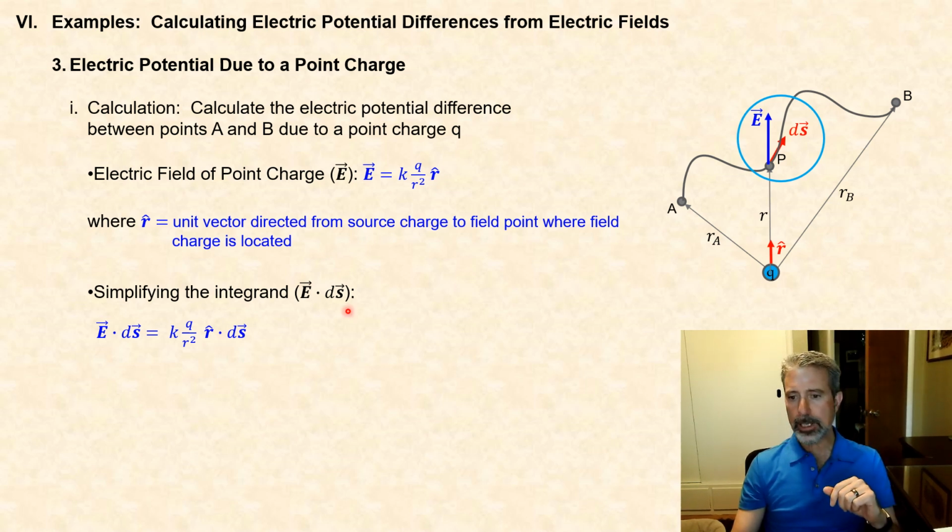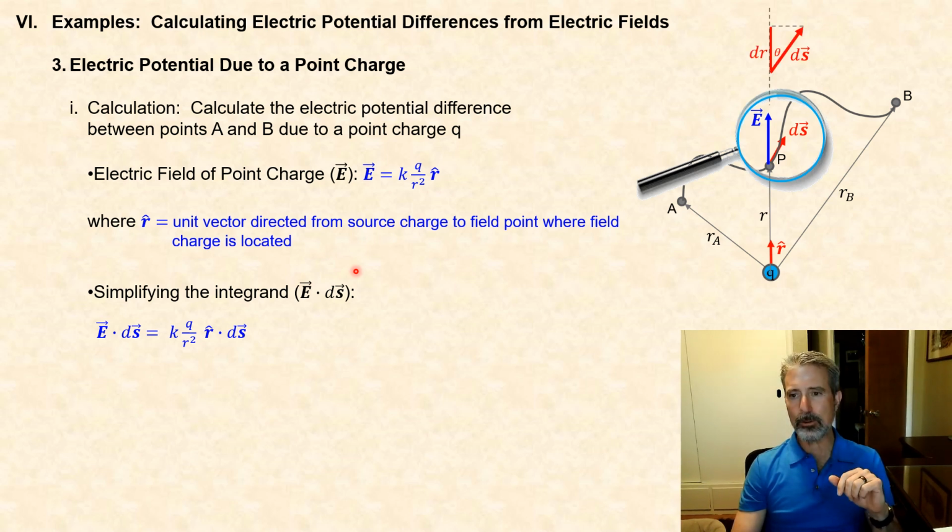So we need to take a look at the dot product of this vector r hat and ds. To do that, we're going to get out our magic magnifying glass and blow this up a little bit. And you'll notice I'm showing you ds, the direction of the electric field, and theta, the angle between r hat and ds.